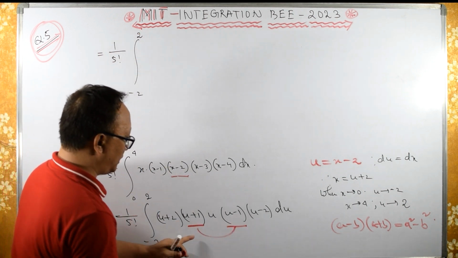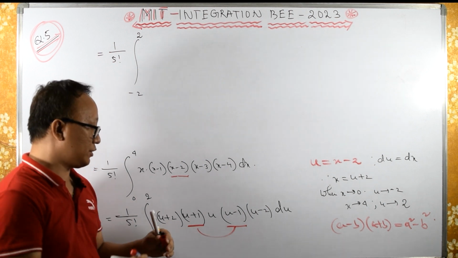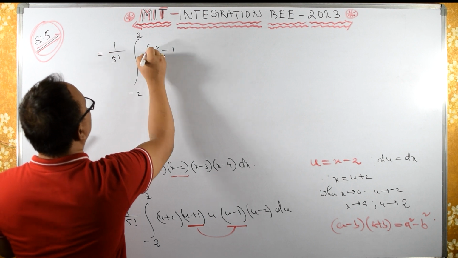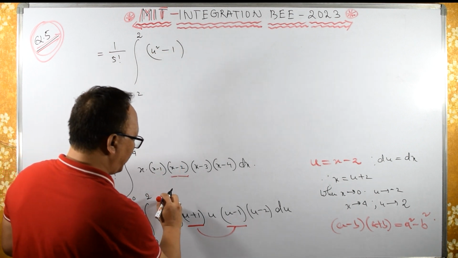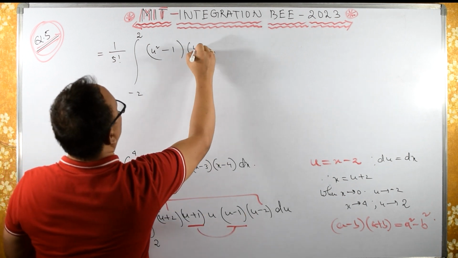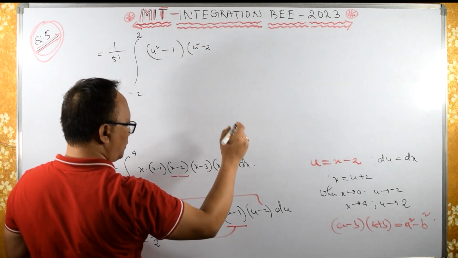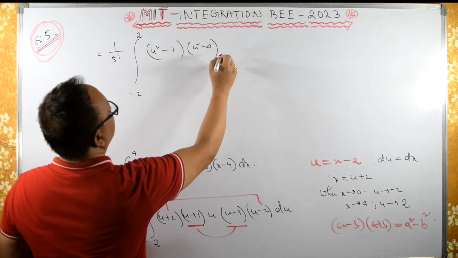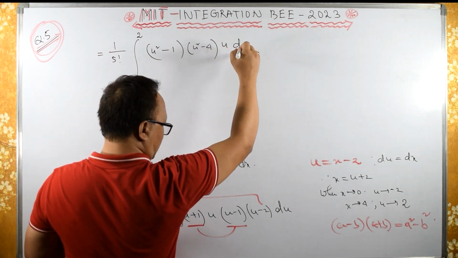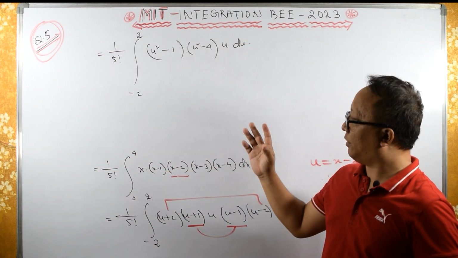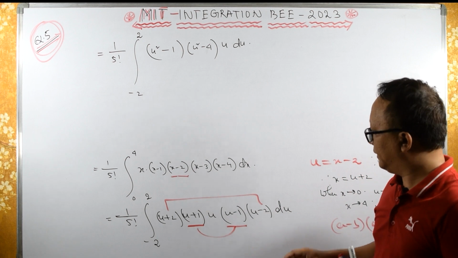Now this becomes u square minus 1 square, and 1 square is the same as 1. If I combine these two, this becomes u square minus 2 square, where 2 square is the same as 4. So I can write u into (u square minus 1)(u square minus 4) du. Up to here everything is fine, I think.